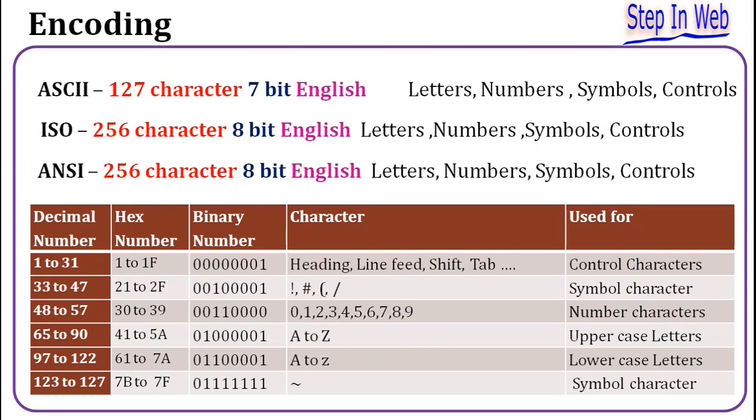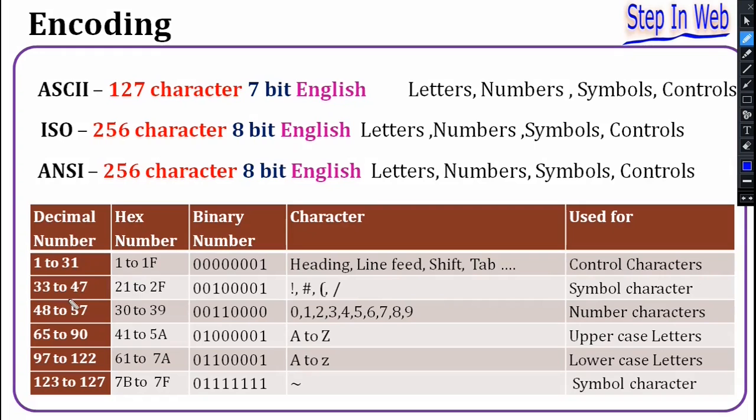At the same time, Microsoft also released its ANSI character set for its Windows applications, but they used the left 1 bit also, and developed around 256 characters. And ISO also released its first character set in 1998 with the same 256 character set in 8-bit format.